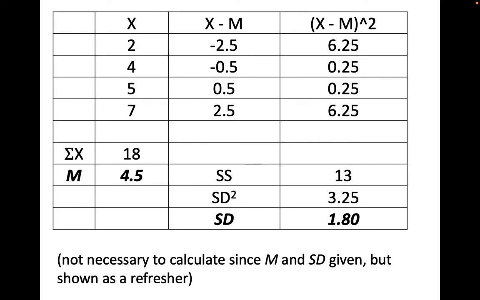In order to calculate the standard deviation, we take the deviations from the mean, we square those deviations in the rightmost column, we take the sum of the squared deviations, or SS, which is 13, we divide 13 by 4 to get 3.25. That's the variance, so SD squared is the variance, 3.25, and then we take the square root of 3.25 to get the standard deviation of 1.8. So you might want to just do a little bit of practice on calculating standard deviation as well.